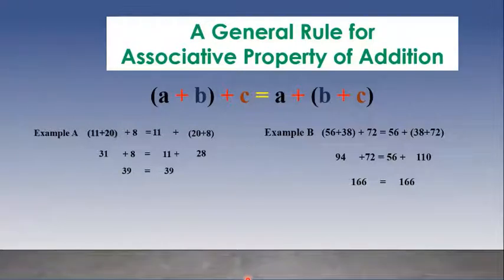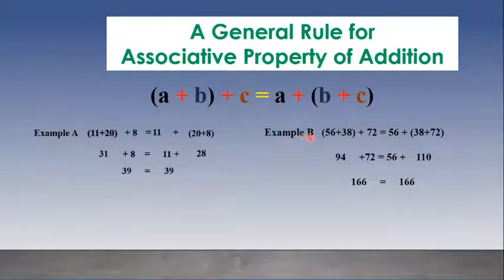We work out what is inside the parentheses first, and we notice 20 plus 8 is inside the parentheses, and so we solve that, and that will give us 28. We bring down the 11 plus, and 11 plus 28 will give us 39. And so there we have it, boys and girls. 39 is equal to 39.